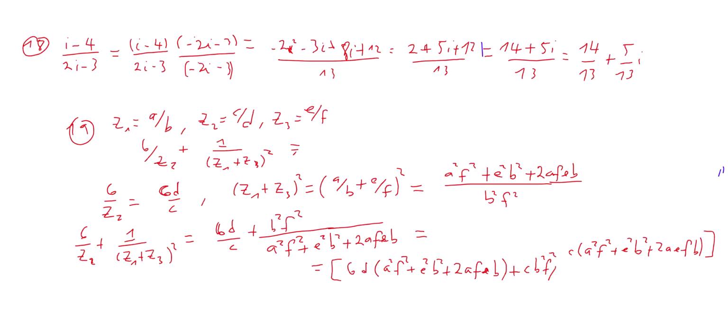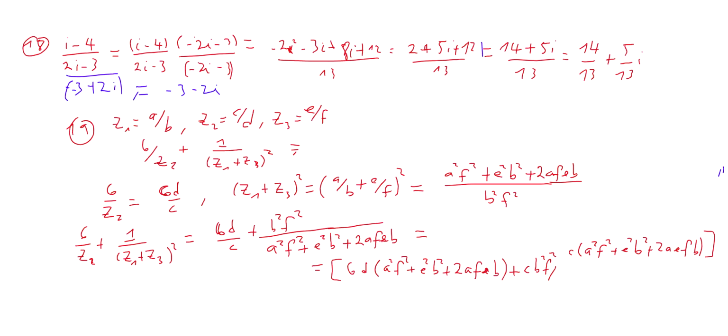So you need to be a bit careful and write this as minus 3 plus 2i, so that its conjugate now will become minus 3 minus 2i.